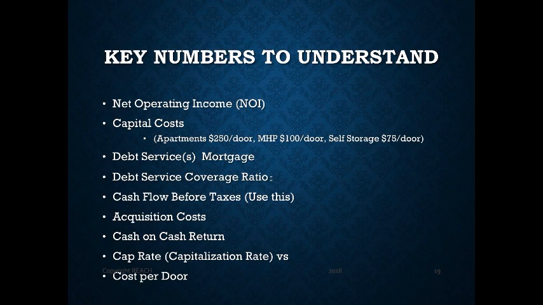And so my debt service coverage ratio is basically my NOI divided by my mortgage, and I'm going to get a fraction. Banks are not going to lend on anything that doesn't have a debt coverage ratio of at least 1.2 to 1.3.